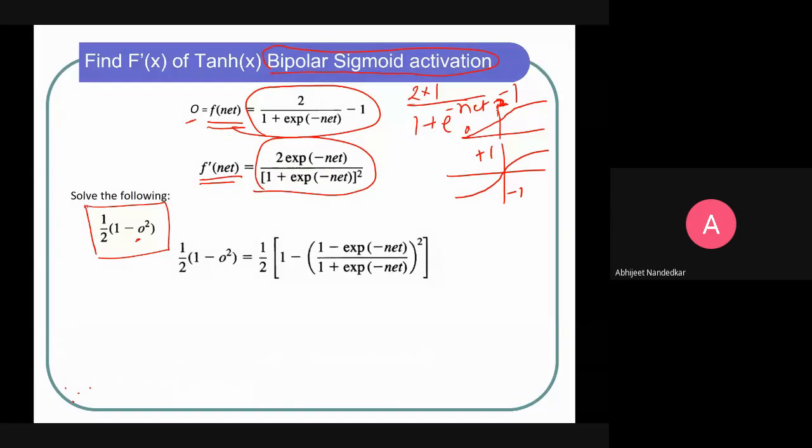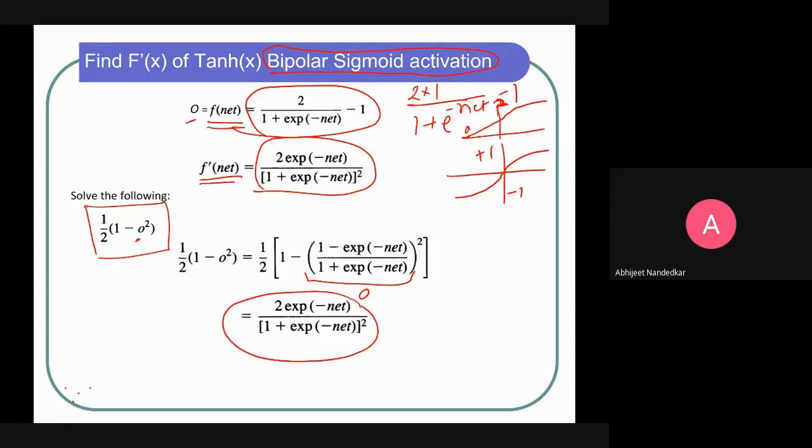So half into 1 minus o square, you substitute value of o here, then square it, and you try to solve this. So this will also result into 2 into e to the power minus net divided by 1 plus e to the power minus net square. So these two things are same.